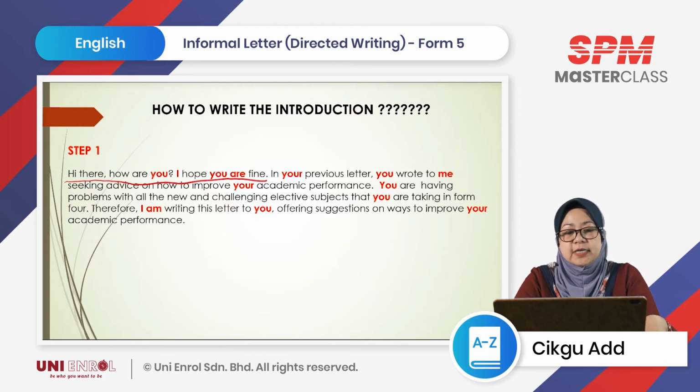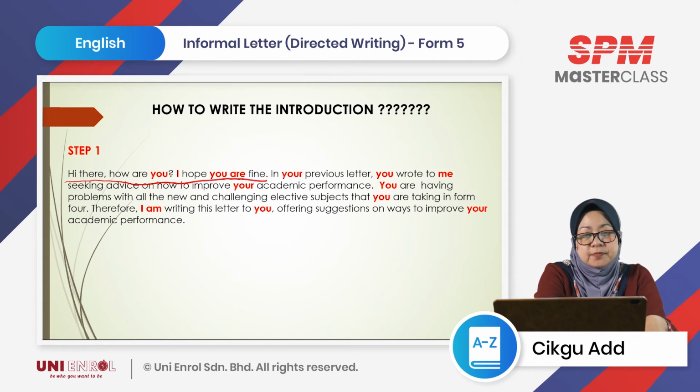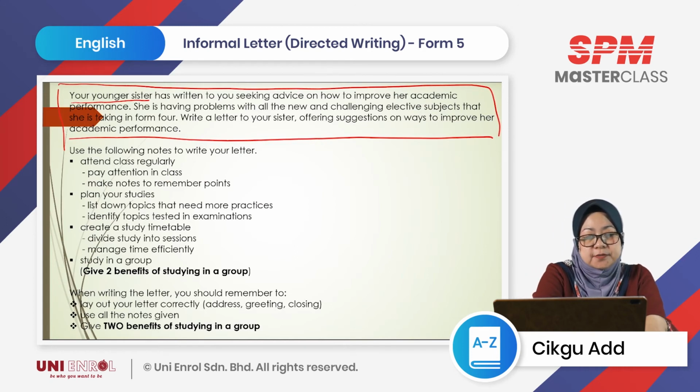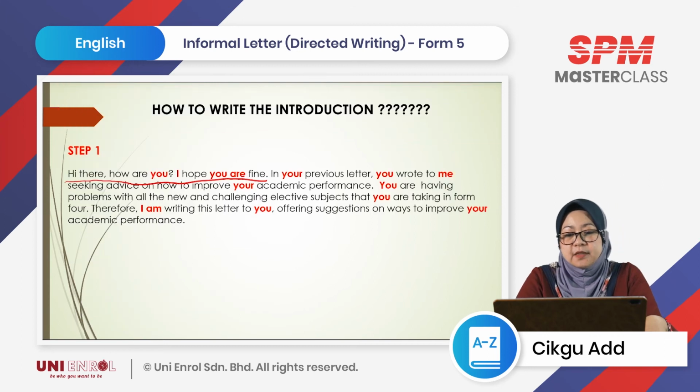For an informal letter, it is required for students to ask the whereabouts or to ask about the person that they are writing to. How do you know it is an informal letter? In the question, the clue is already stated: your younger sister. Whenever we write to a sister, automatically it becomes an informal letter. The introduction is taken from the question itself.